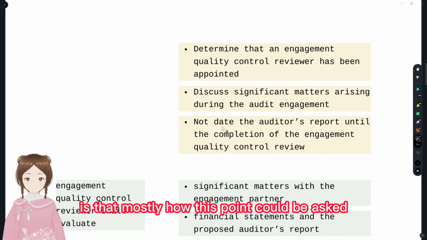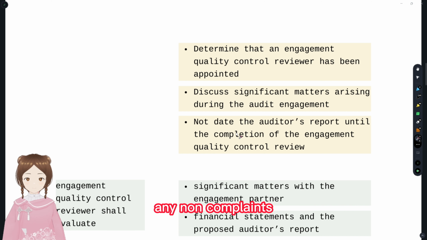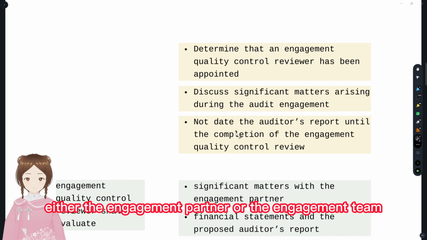They're talking about how this point could be asked, like if there were any disputes, any non-compliance, or they're not agreeing to something, either the engagement partner or the engagement team.